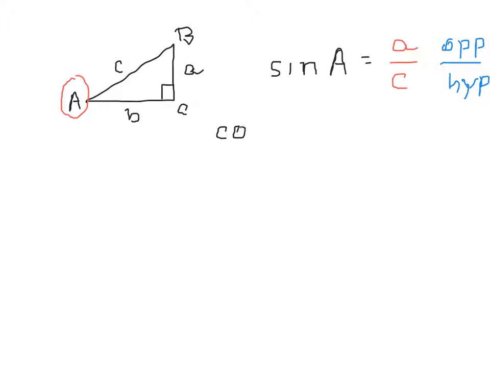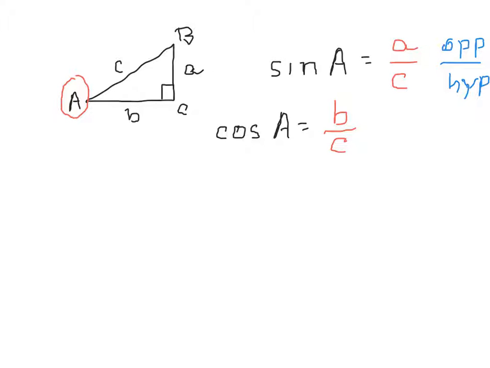So we're now talking about the cosine of angle A. Now this is equal to, in the case of our special triangle here, the other leg of the right triangle, namely B, divided by the hypotenuse, which is C.